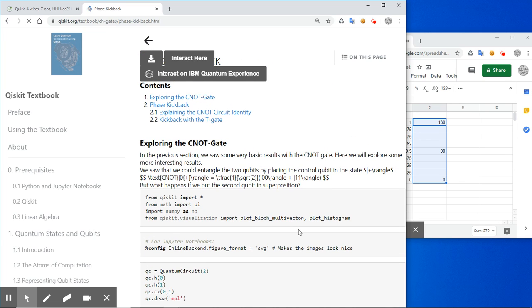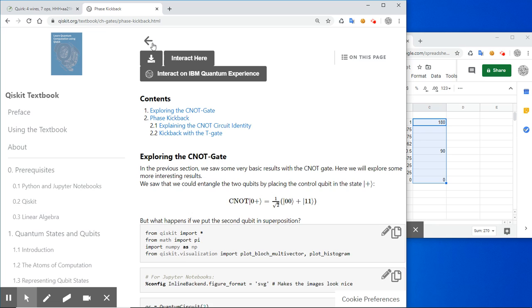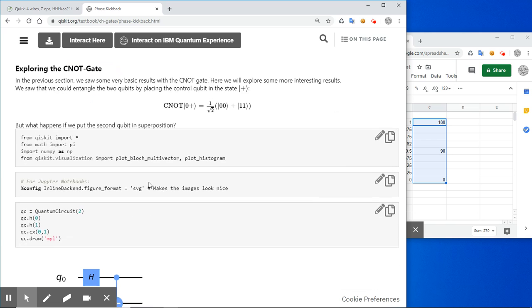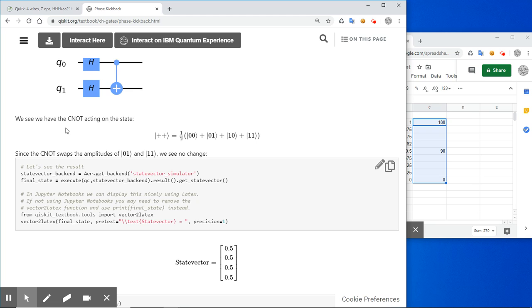Is this going to load? We entangle two qubits by placing the control qubit in the state plus.